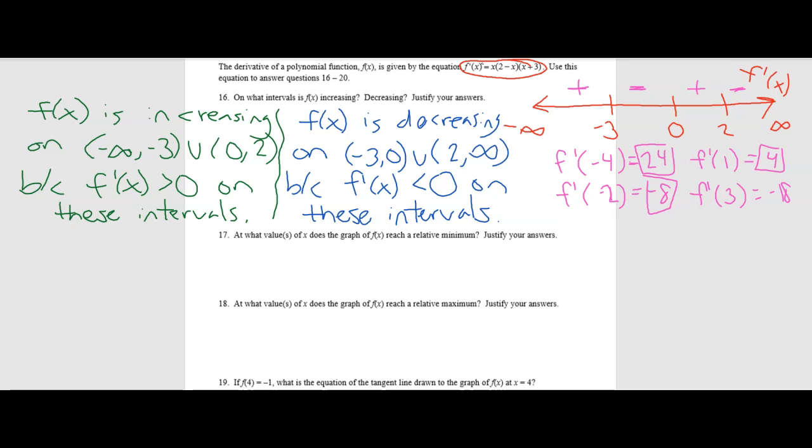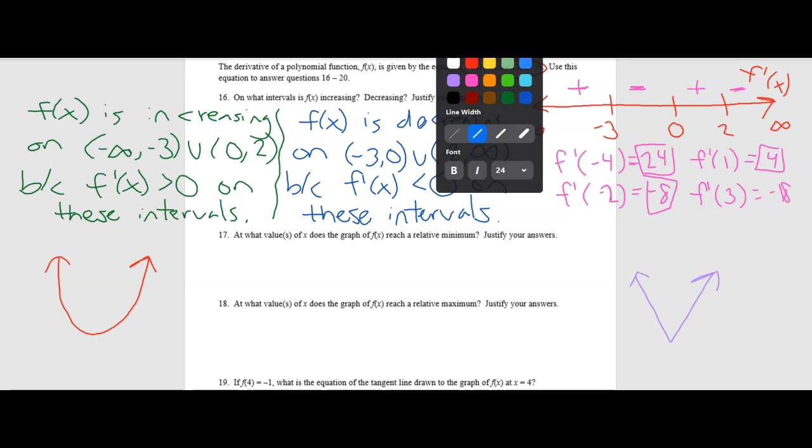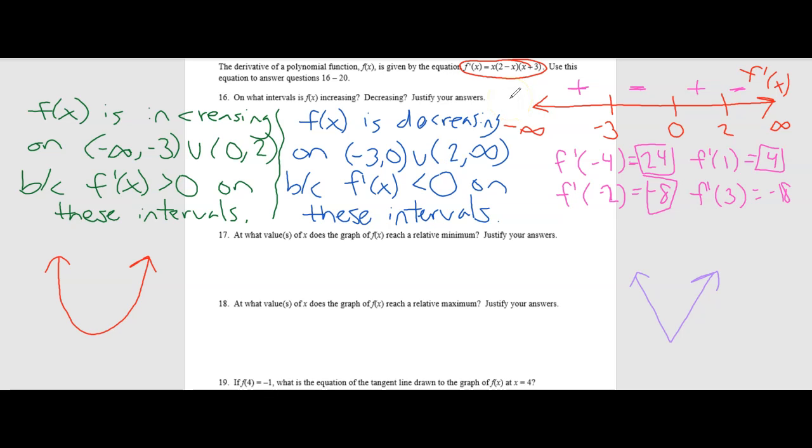So for relative minimums, if I have a function with a relative minimum, note that the function does not have to be a parabola. I can also have a function that looks like this, and this is also a relative minimum. Regardless of what your relative minimum graph looks like, our derivative is going to go from negative, that tangent line has a negative slope, to positive.